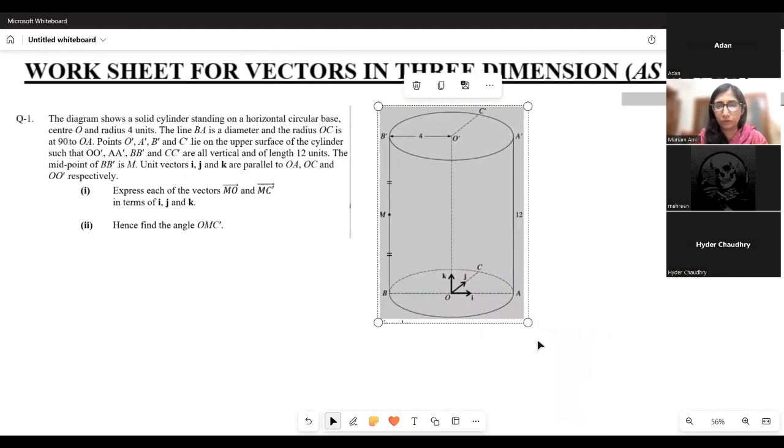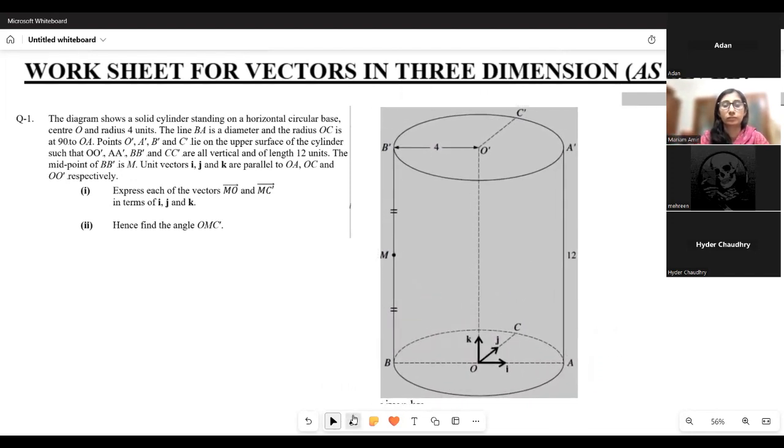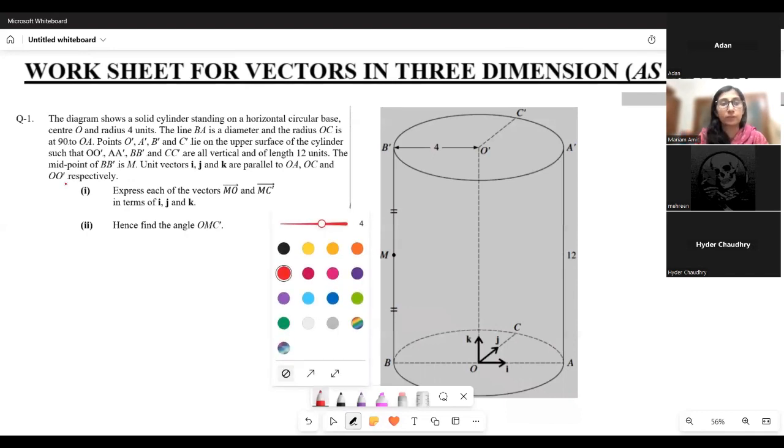Now we can start the past paper worksheet from old AS topics. I'm going to copy the first question. Worksheet for vectors in 3 dimension, and like I explained before, these are AS questions which are now part of A2. This is the first question of the worksheet. The diagram shows a solid cylinder standing on a horizontal circular base with center O and radius 4 units. The line BA is the diameter and the radius OC is at 90 degrees to OA.